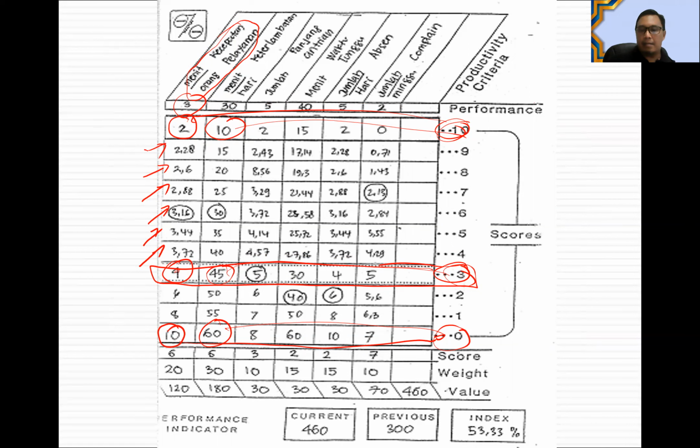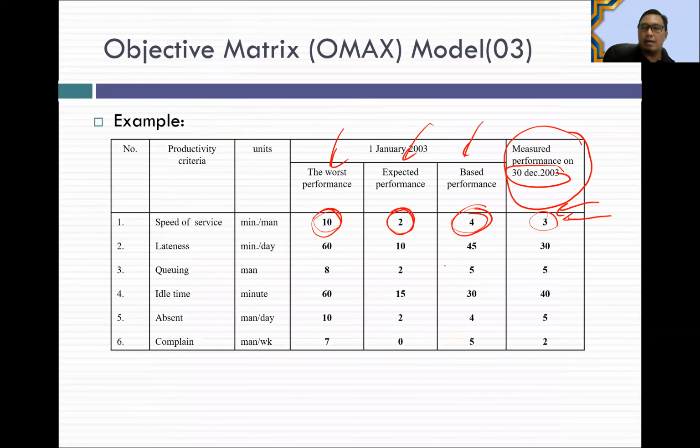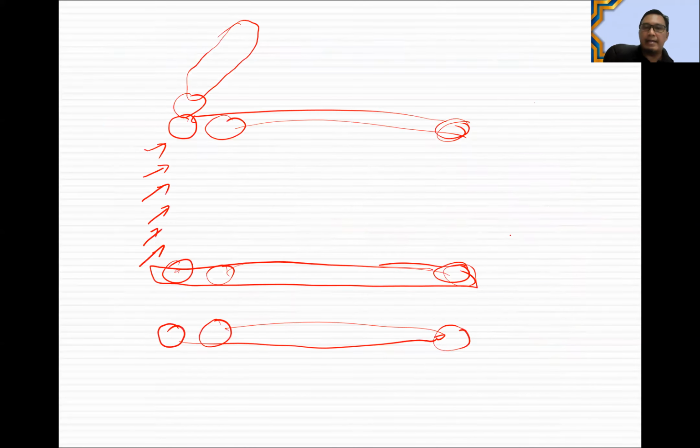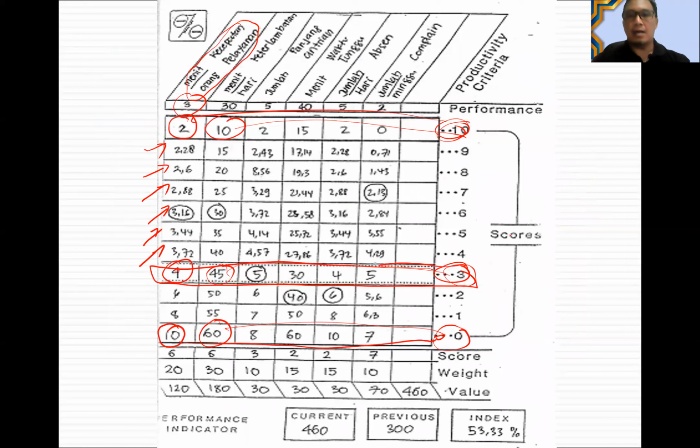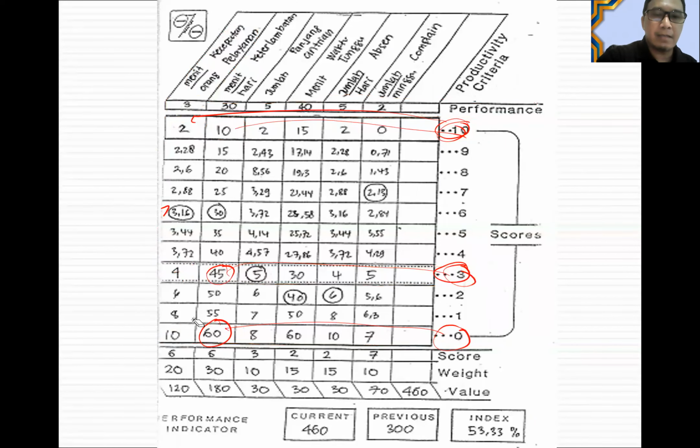All right. And please remember also that the performance measured here will be added into the performance row in there. So then how do we calculate the OMAX? How do we calculate the value of the productivity index?